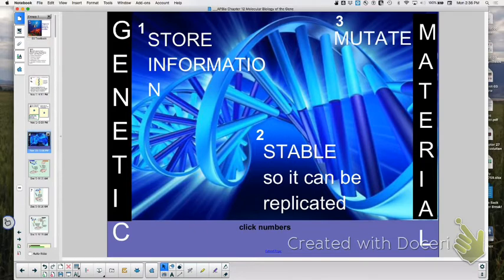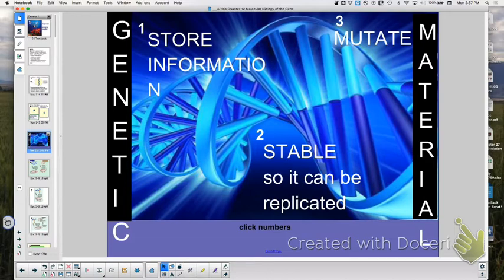S squared M, right? It had to store information. It had to be stable, but it also had to be able to vary, which sounds contradictory to the stability part, but it's not. It just means that it can change.